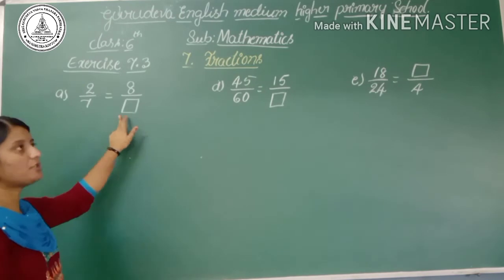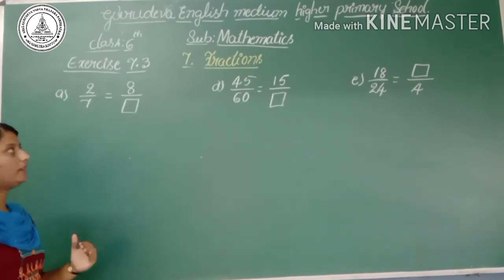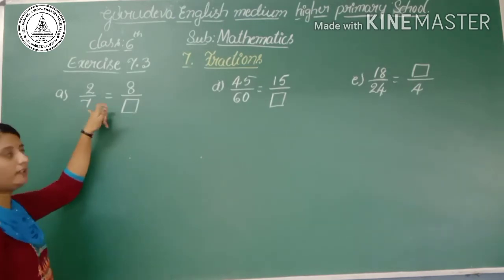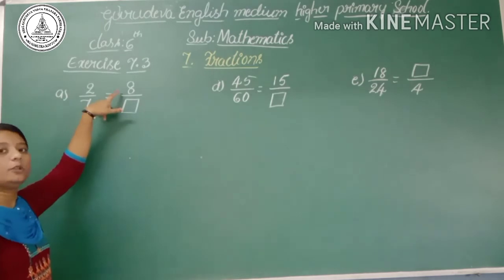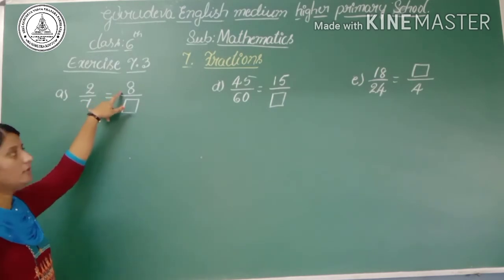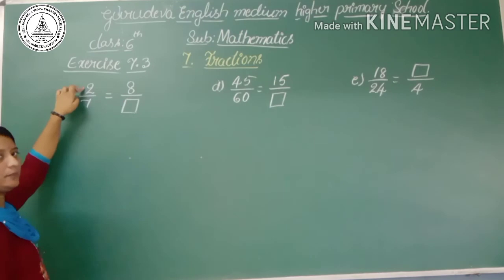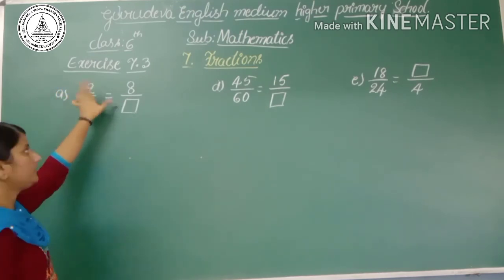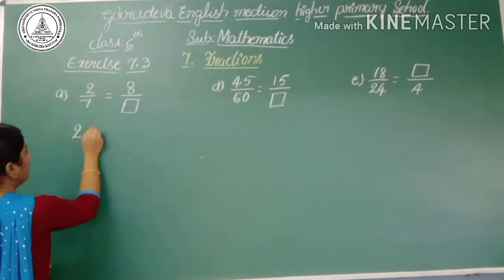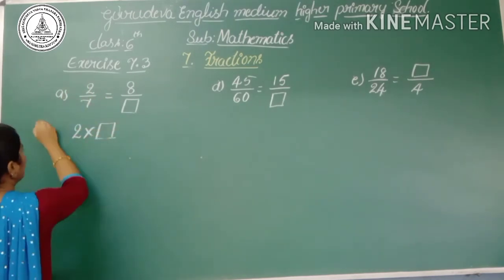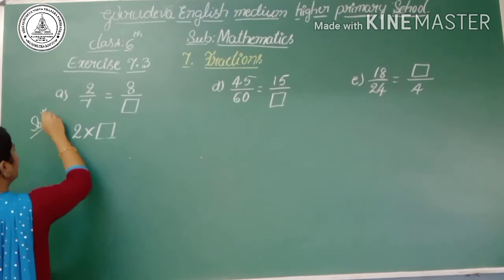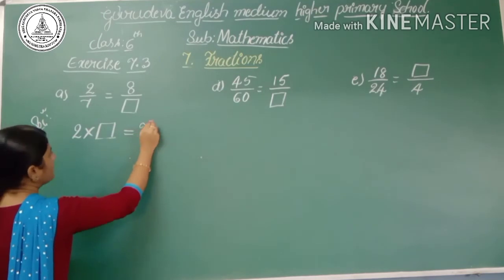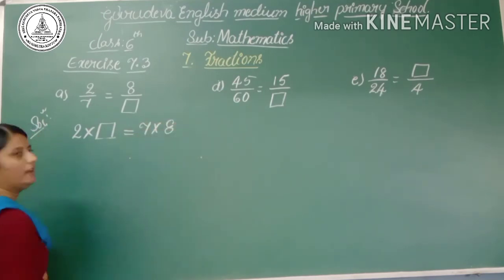We know how to check equivalent fractions. The product of the denominator of the first fraction and the numerator of the second fraction is equal to the product of the numerator of the first and the denominator of the second. Here it is 2 into box, which is equal to 8 into 7, or 7 into 8.